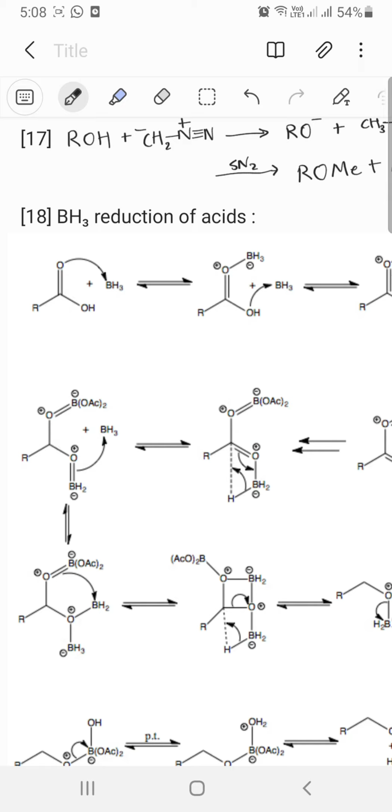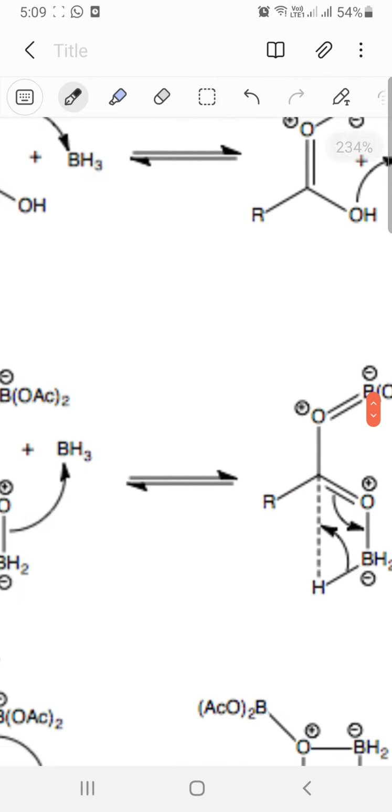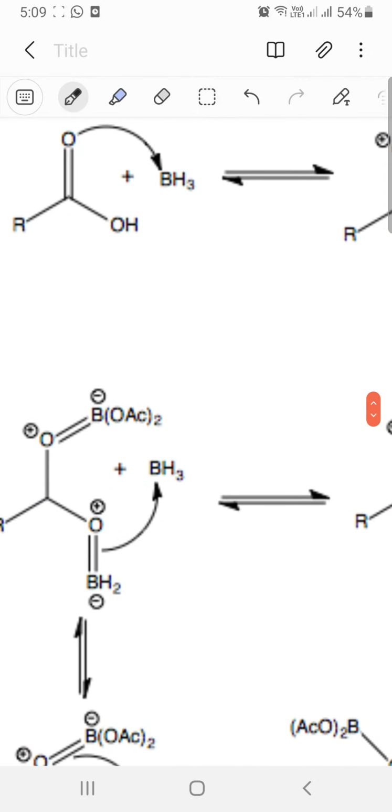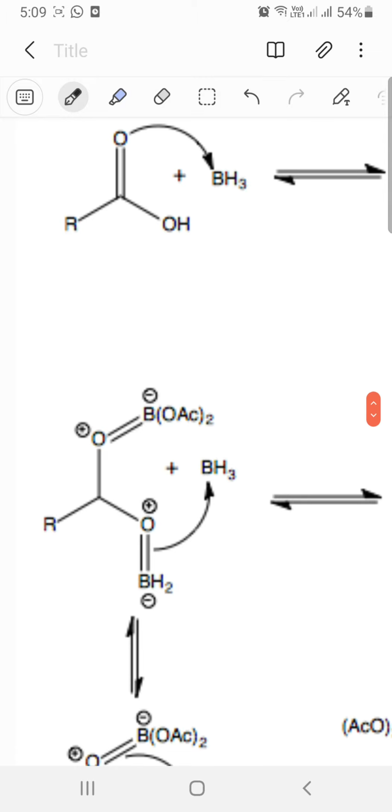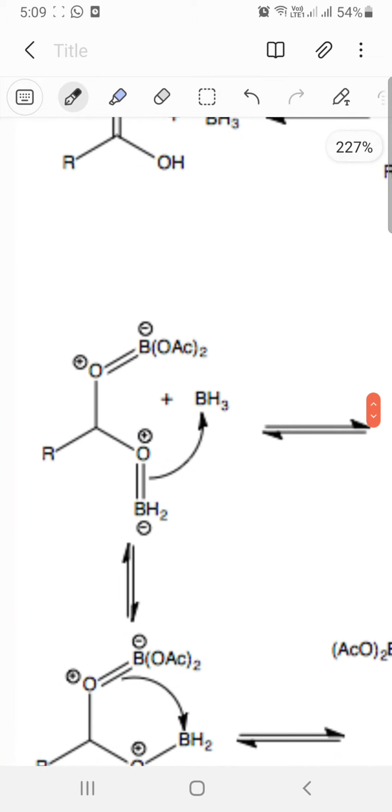Okay. Well, this is weird. Hey, what happened in this step? What did this BH3 do? OAC2. Okay, wait. Something's not right about it. Oh, so yeah, it did the same thing with others as well, and that's why I got this thing. Fine. And what's with that BH3?